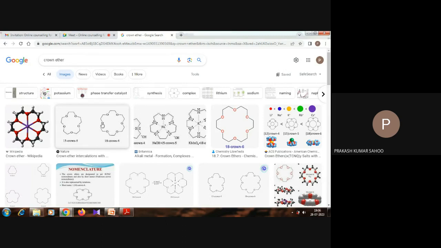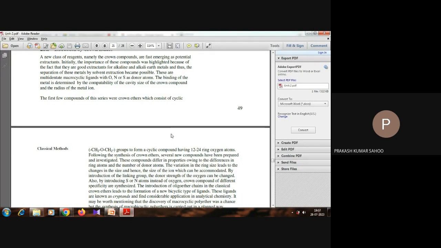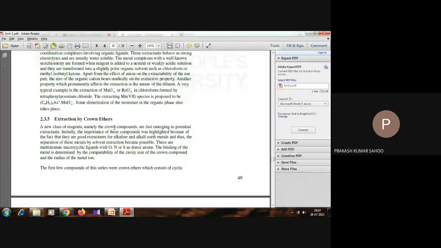This type of molecule is used to entrap the metal ion from the solvent, and this is a very good extractant which is used in our solvent extraction process, that is extraction by crown ether.